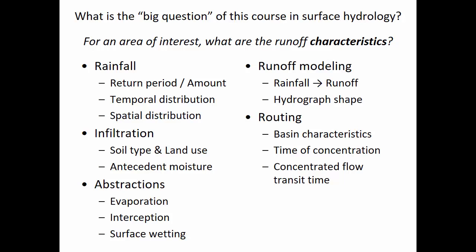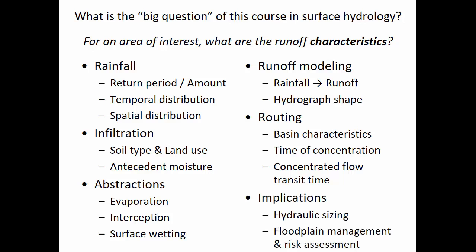But routing can also include analysis of shallow water flowing as a sheet over the surface of the land. And so it's aspects of delay time that are really important in saying to the hydraulic engineer, remember the hydraulic engineer, she wants to know what is Q to size the pipe. And so we have to account for all of the factors that are going to cause that flow rate.